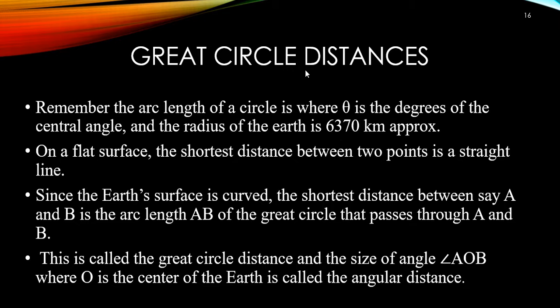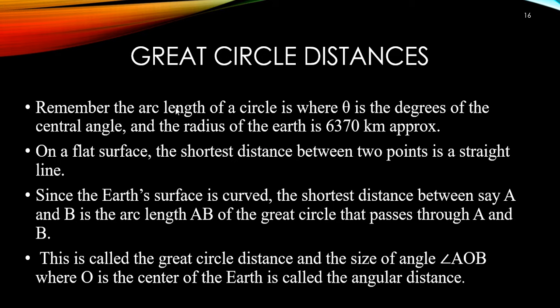Remember the circle. To find the circumference, it is pi d, and the area is pi r squared. But if we are talking about an arc length, we shall enter the specific degrees, which we call theta.